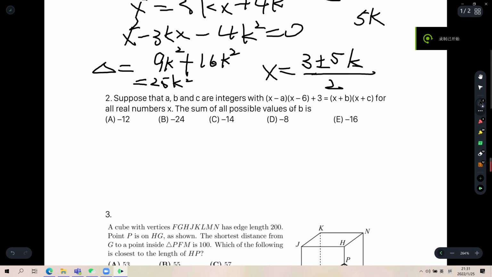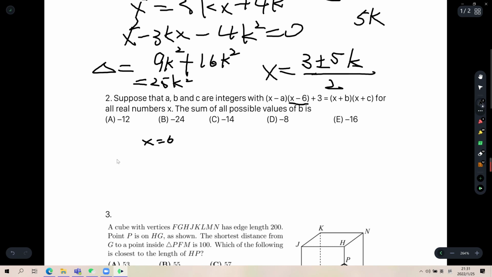Okay, so we notice that there is a 6 minus x in the equation, so we can first try x equals 6 and see what happens.